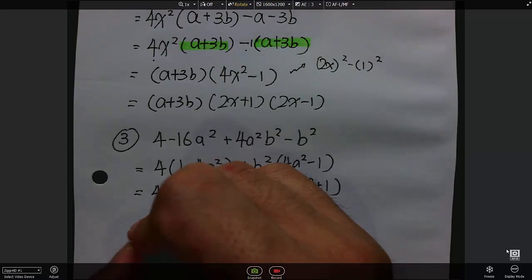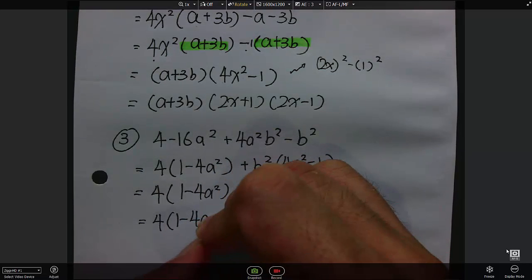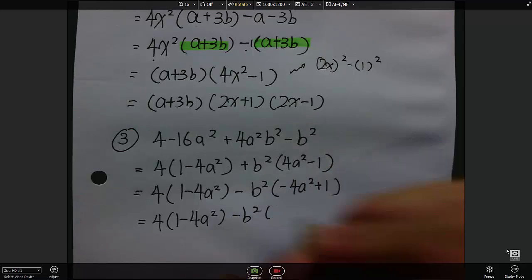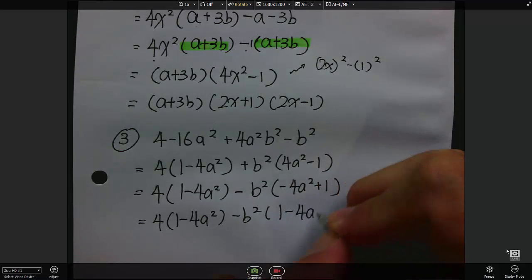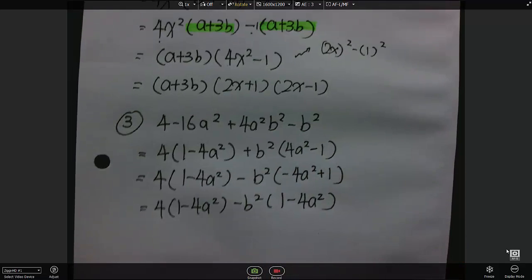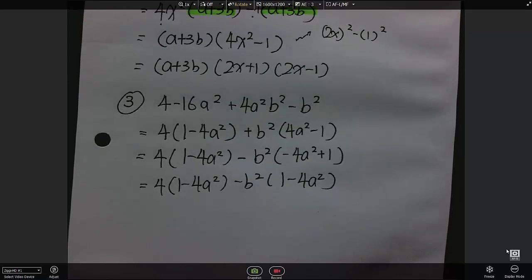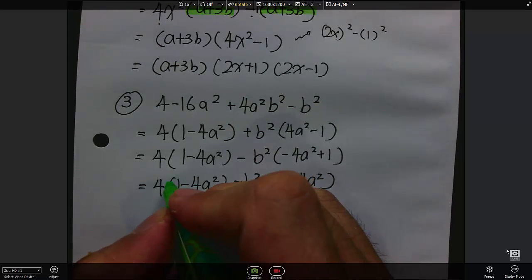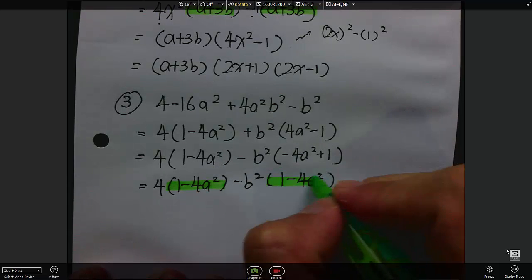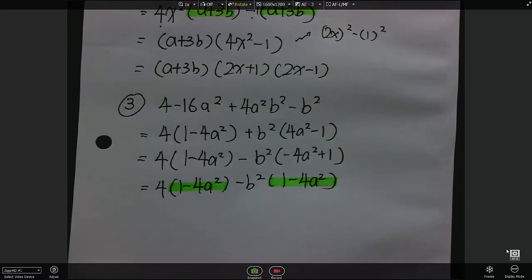Now if you notice, if I just rearrange the terms, I can write this as 1 minus 4a squared. Now I can create the common term, or rather I factorize. The common term is 1 minus 4a squared.